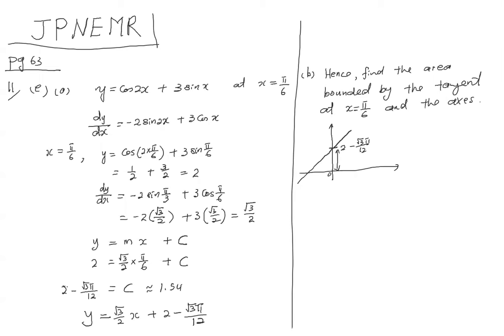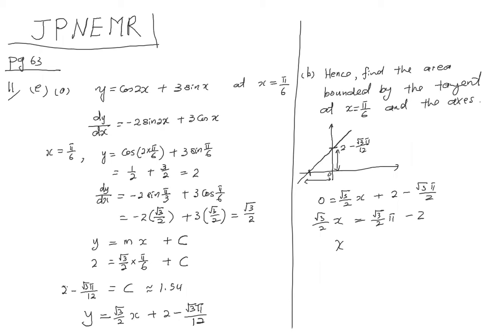So if you want to find the base of the rectangle, you have to find the x-intercept. Can you find the x-intercept? That means you put y equal to 0. So your √3/2 x will be equal to √3/2 pi minus 2.